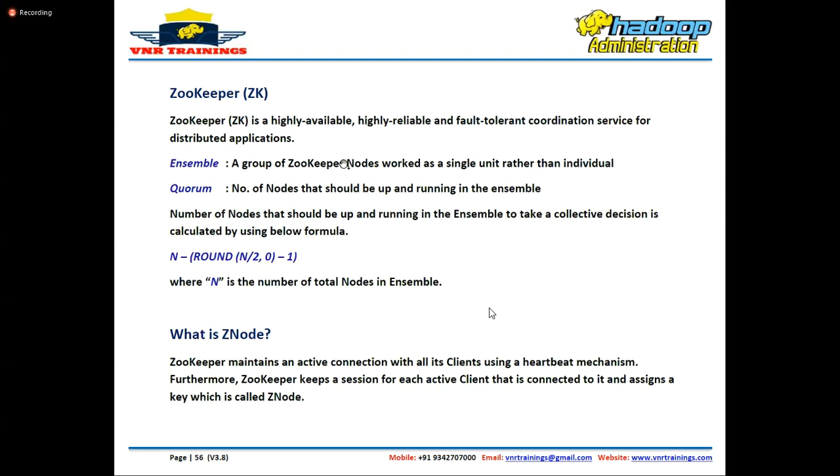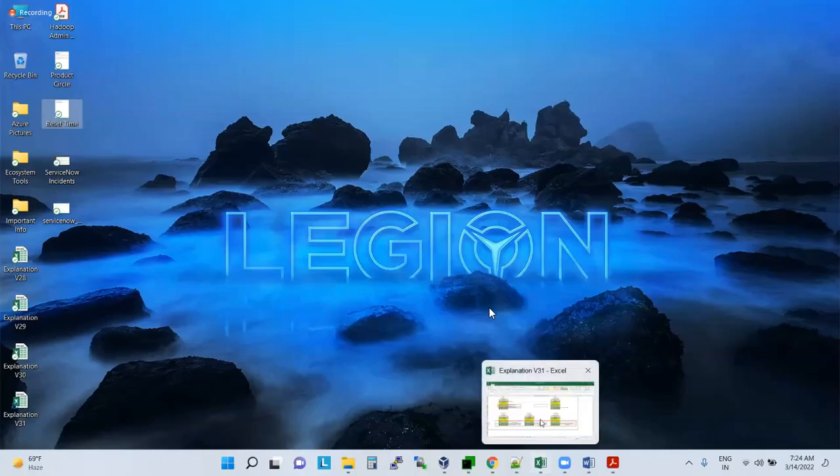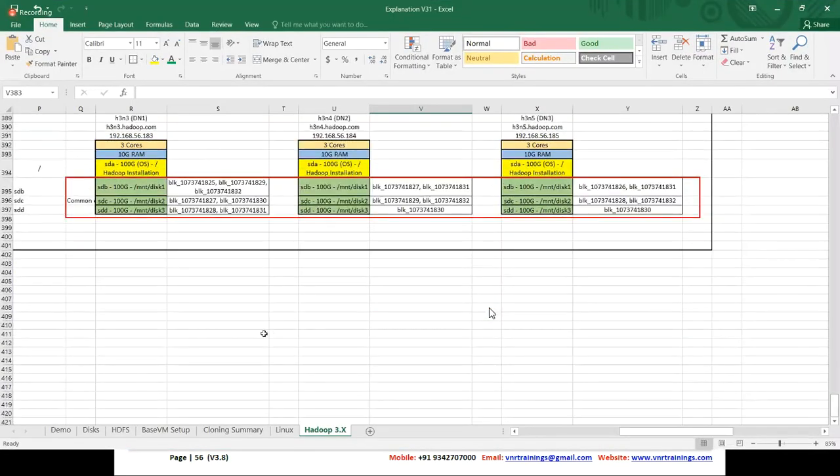So when I say Zookeeper is a highly available, highly reliable, and fault-tolerant coordination service for distributed applications. It's a coordination service. It's not a main service, guys. It's a supporting service for both the name nodes. So now we know the problem.